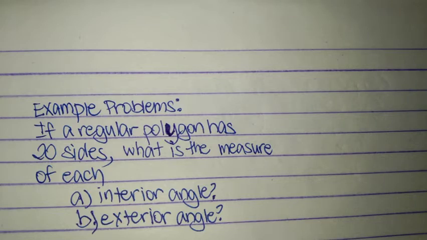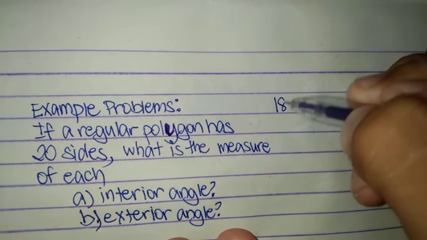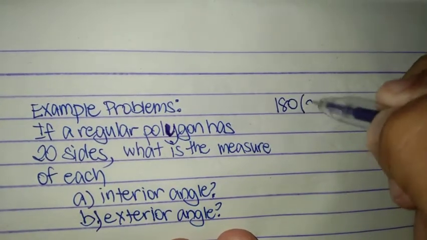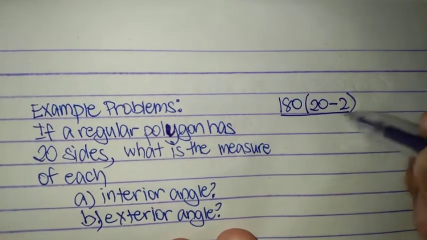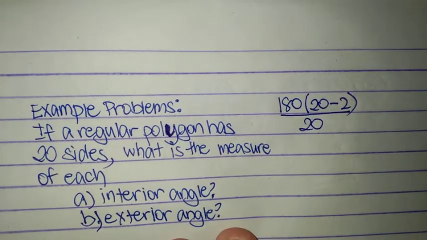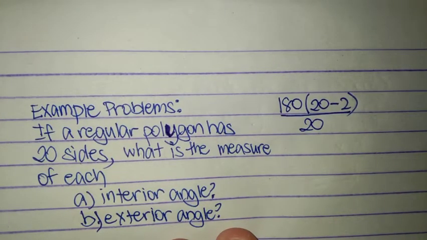So for the interior angle, we just have to substitute the value of n, which is 20. We have 180 multiplied by 20 minus 2 all over 20. Then, we evaluate.